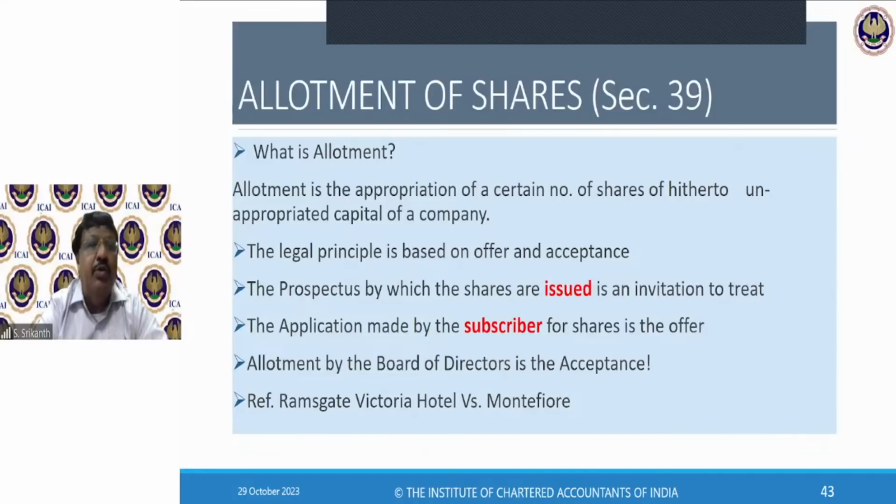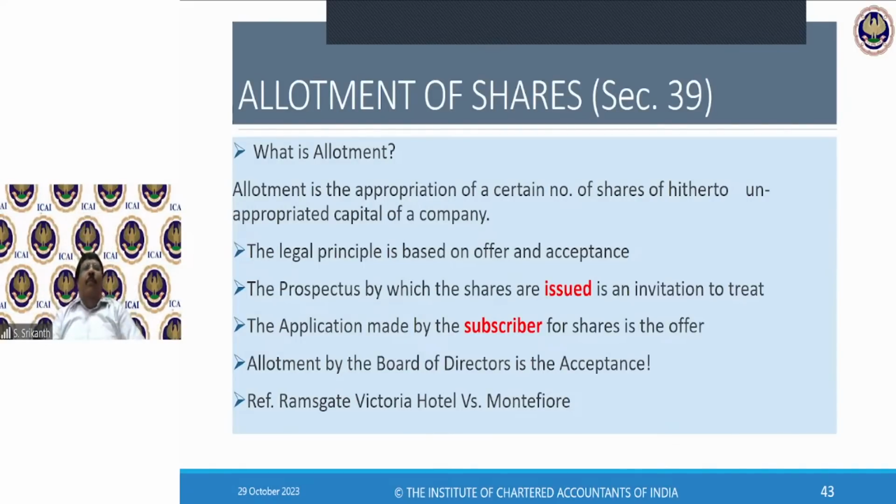Hitherto unissued shares are allotted. Hitherto means up to now. So shares which have not up to now been allotted, meaning issued, are now issued. That is called allotment.